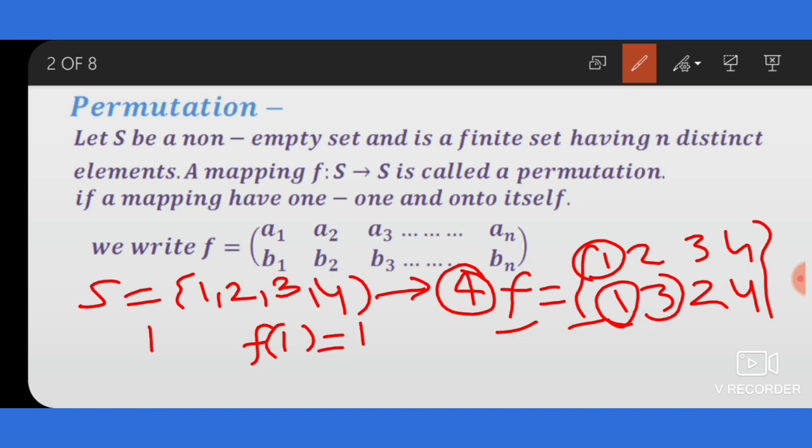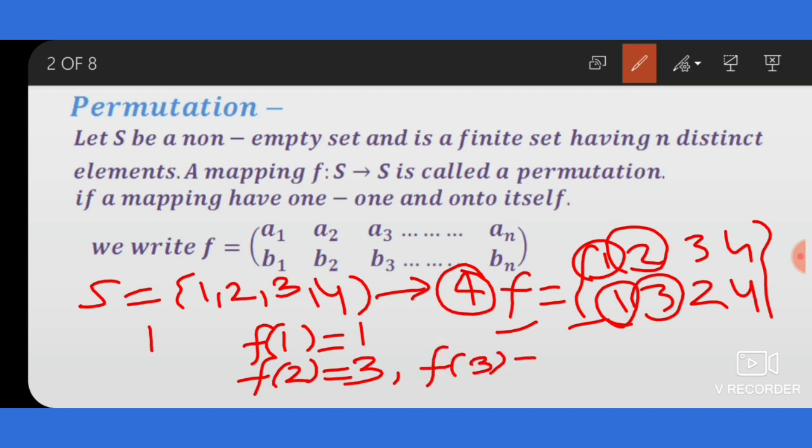Similarly, 3 in the second row is the f image of the element 2 of the first row, so f(2) equal to 3. Similarly, f(3) equal to 2 and f(4) equal to 4.